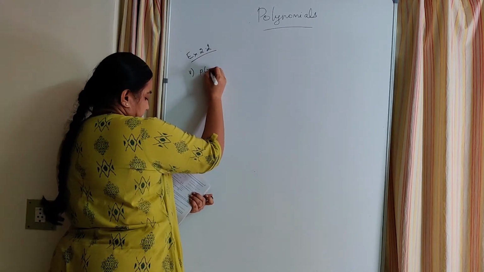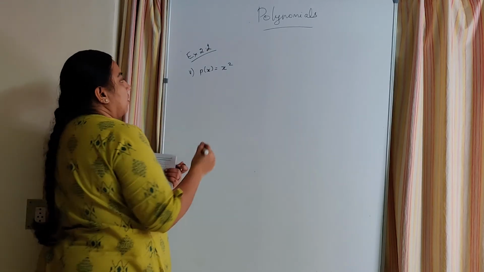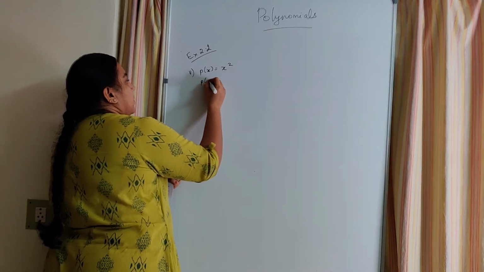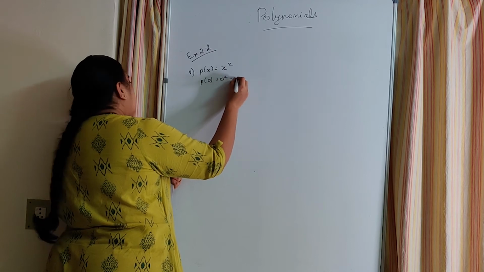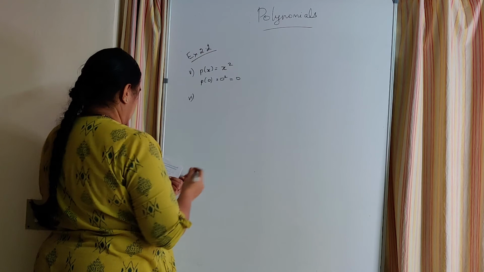P of x is equal to x square and then they are given x is equal to 0. P of 0 is equal to 0 square. Obviously it will be 0. Then the next sum.